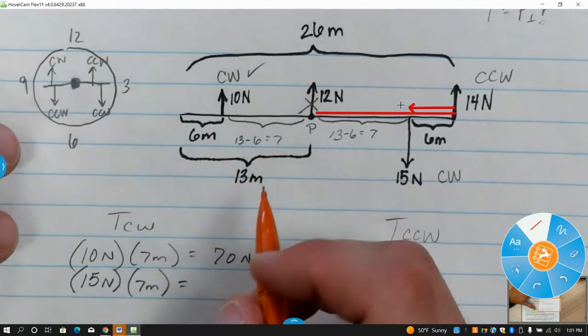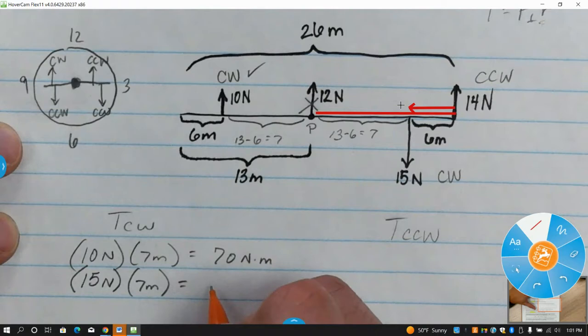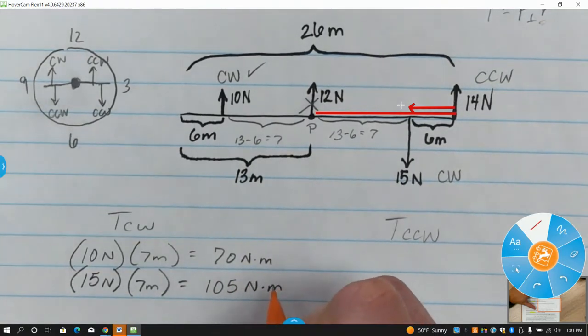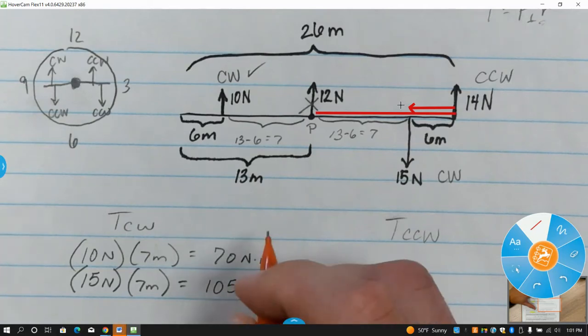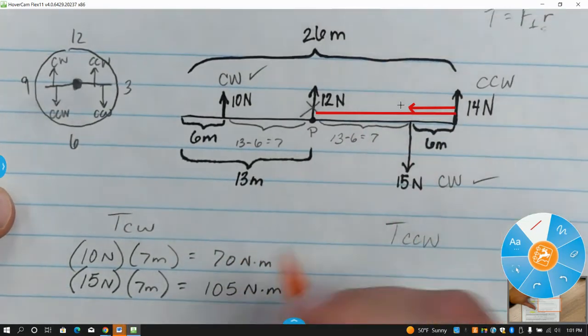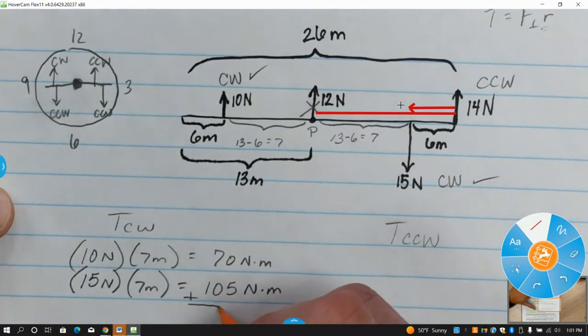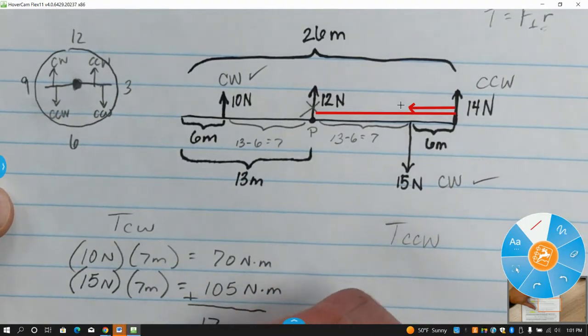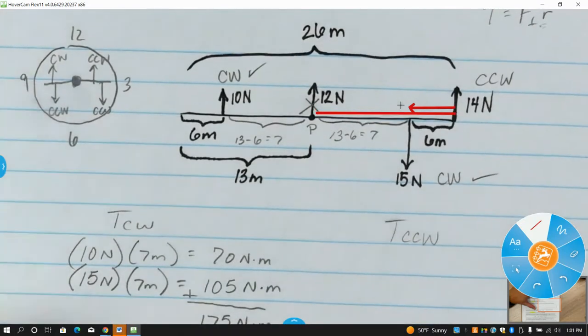So 15 times 7 is 105. Are there any other clockwise forces? No. So then we can just add them up to get our total. I get 175.